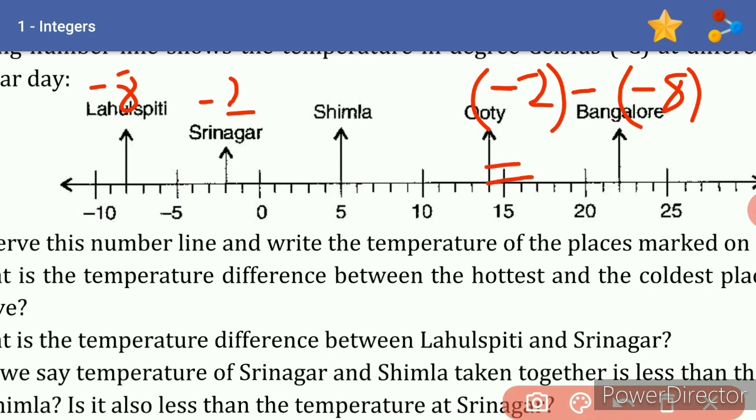There are some rules of adding and subtracting integers. If we find situations with two signs, what do we do? See, there are some rules.